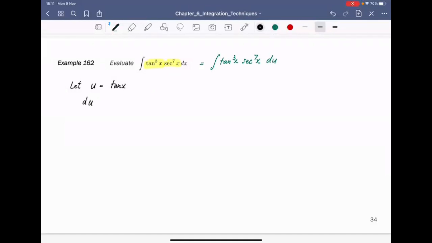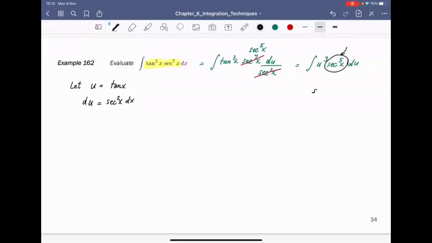So I have du equal to secant squared x dx, so I can switch my dx to du over secant squared x. Then I can cancel 2 factors of secant, so I get just secant to the 5th power. My tangent is u, so I get u cubed and then secant to the 5th power x du. You can see that I got stuck here because I have secant to the 5th power, and this is not an even power.